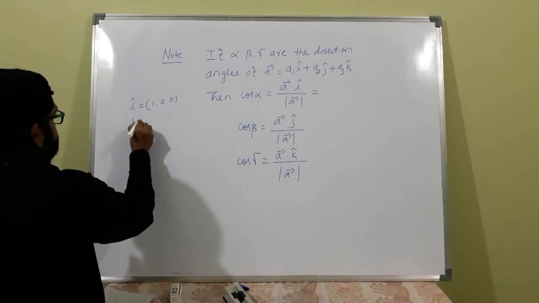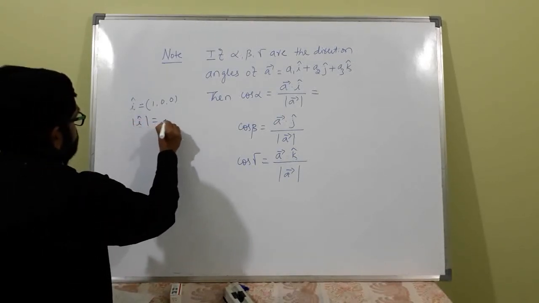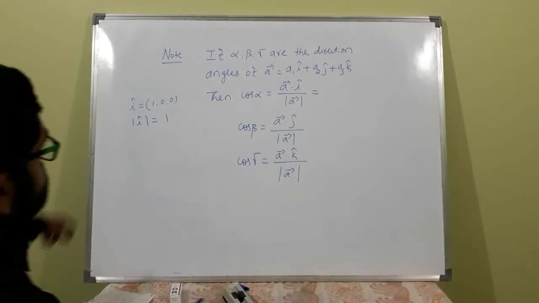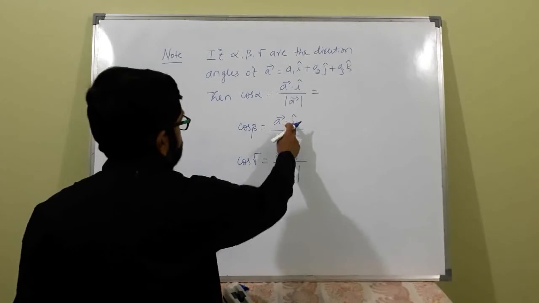So i magnitude is equal to square root of 1 plus 0 plus 0, that is 1. Similarly for j and k.